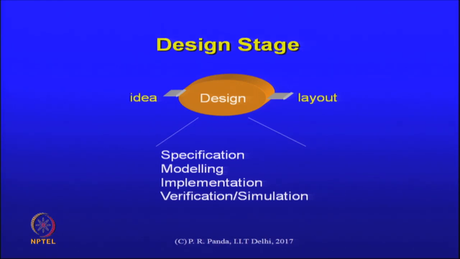Modeling of the system, we will get into some more detail of what modeling means. Proceed to implementation of the system, and following implementation there would be some kind of verification that we would have to perform, just to make sure that the resulting system is what was expected.